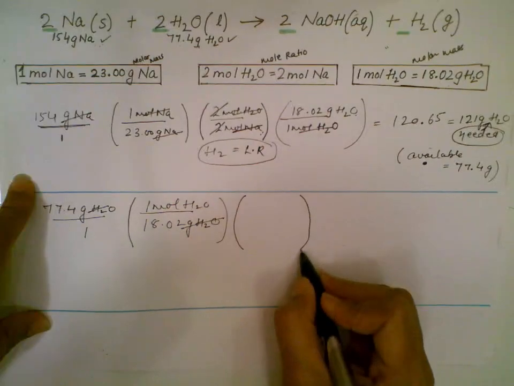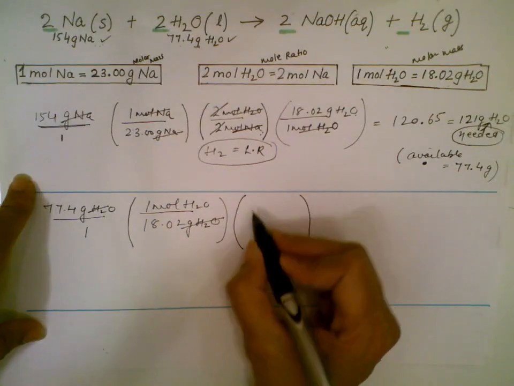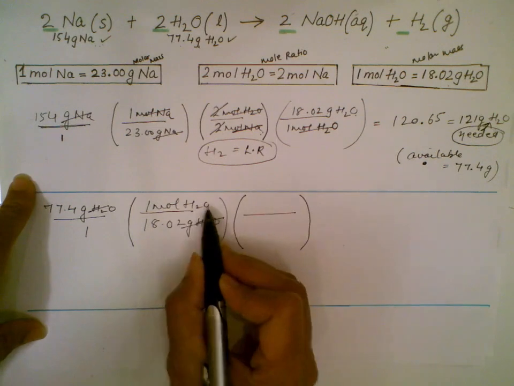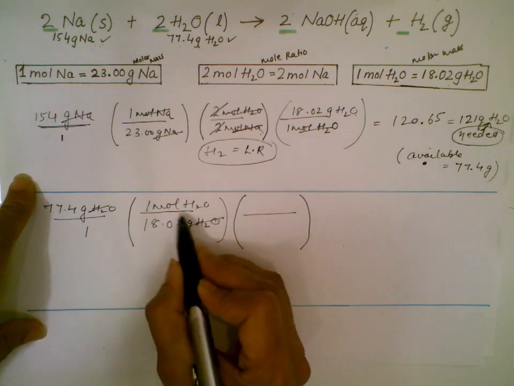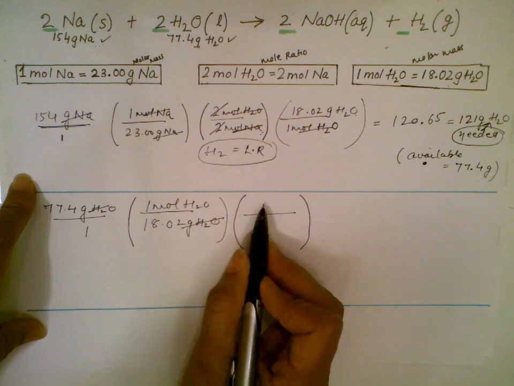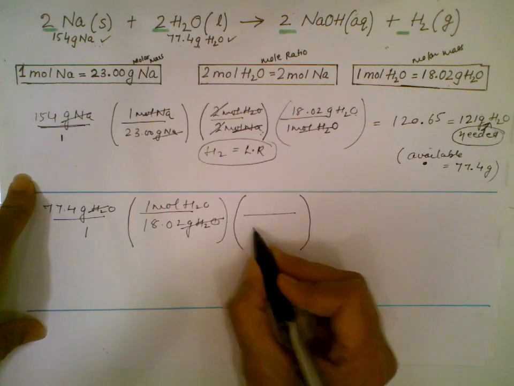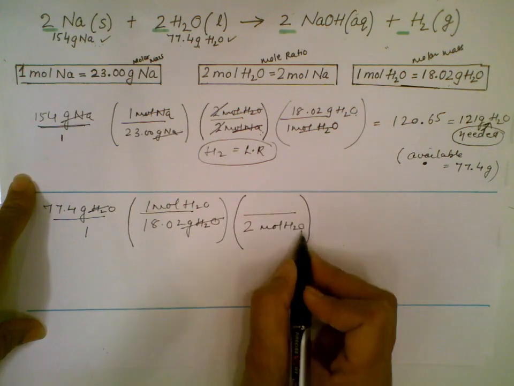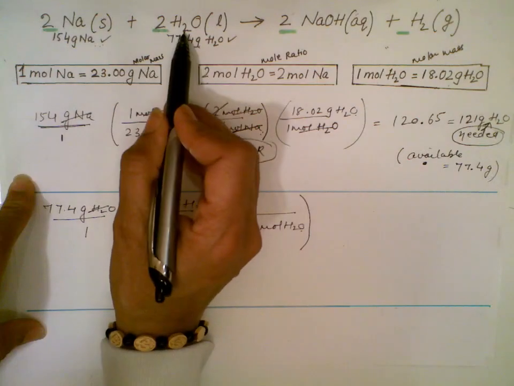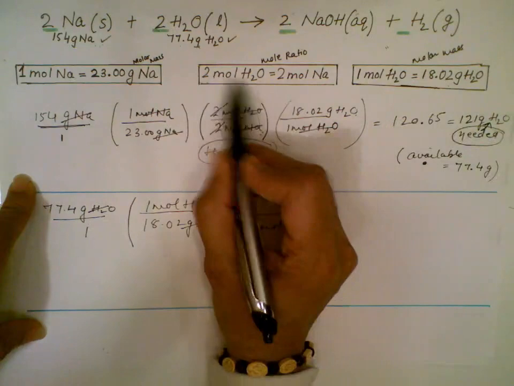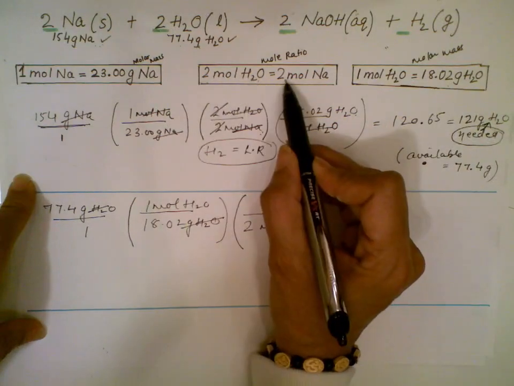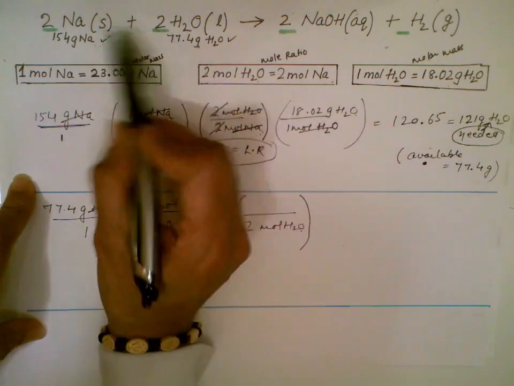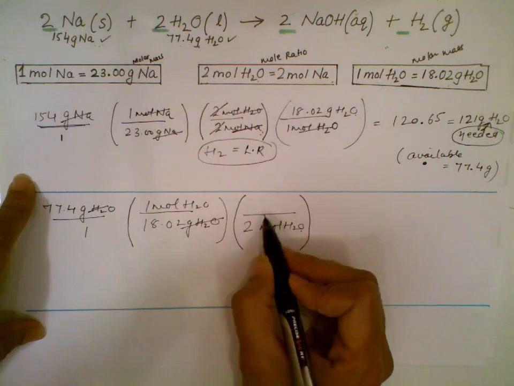So here you are multiplying with the mole ratio. You're converting these moles of water to moles of sodium, so moles of sodium has to be at the top. For every 2 moles of water consumed, we need 2 moles of sodium. That's where I'm getting these coefficients from.